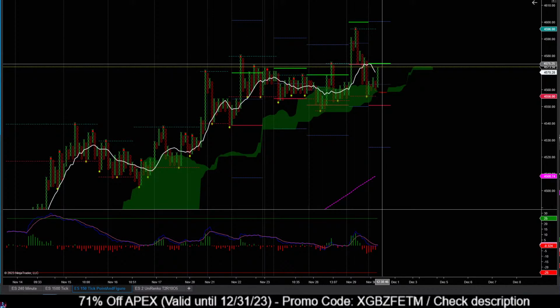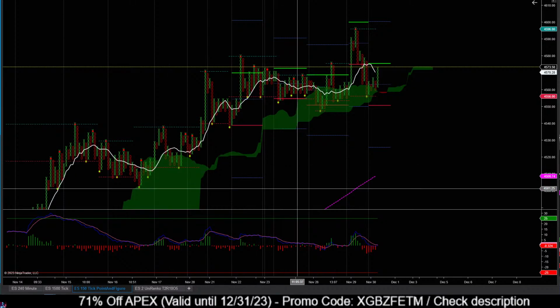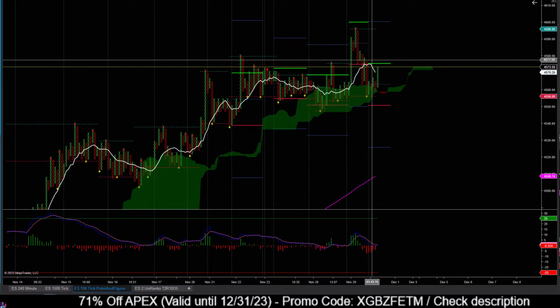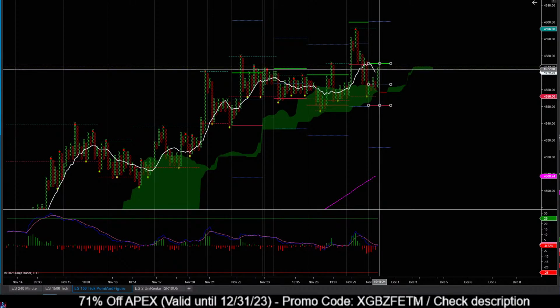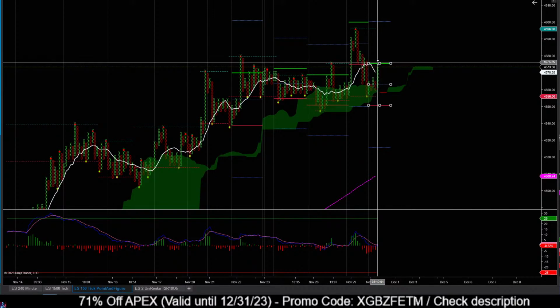So for me, 45.75 would be probably a good level to put the resistance. Let me see here. 45.75. Yeah, I think this one is also upside down.